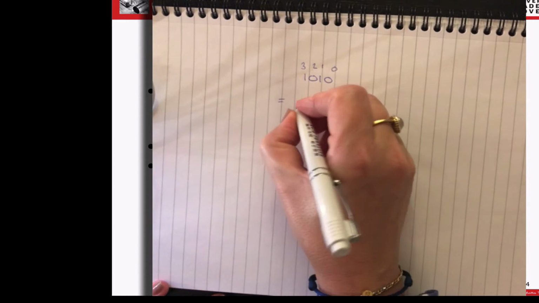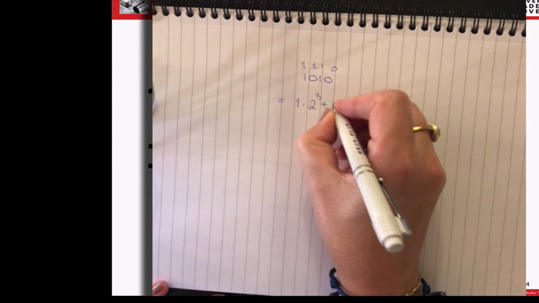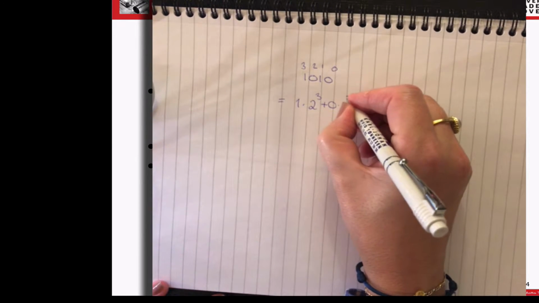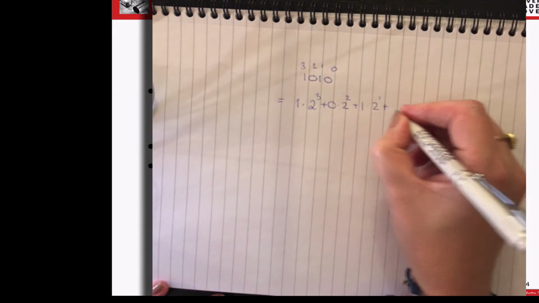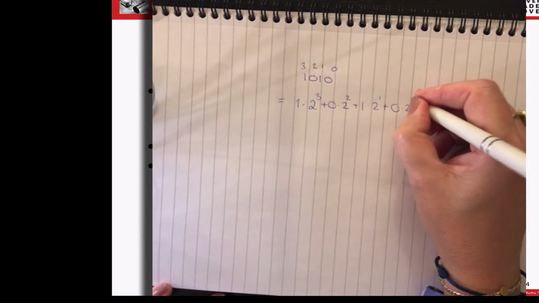So this gives us 1 multiplied with 2 in the power of 3 plus 0 multiplied with 2 in the power of 2 plus 1 multiplied with 2 in the power of 1 plus 0 multiplied with 2 in the power of 0.